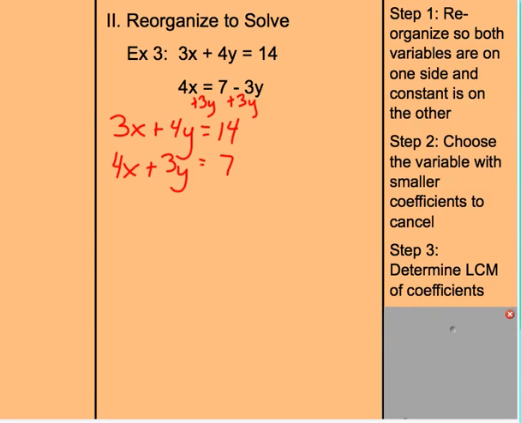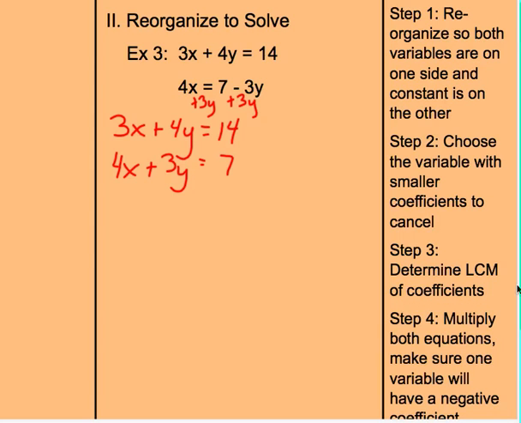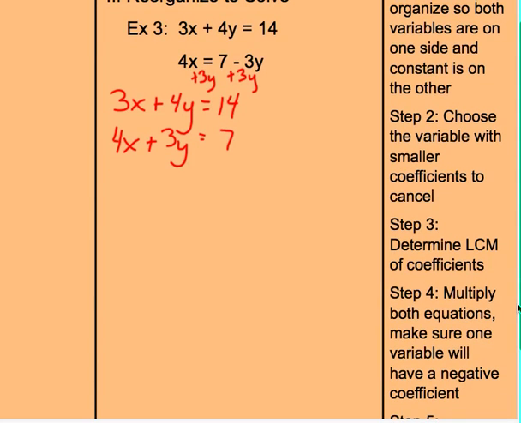We'll determine the least common multiple of 3 and 4 is 12. So when I multiply my equations, I need to make sure one of my y's has a coefficient of positive 12 and the other one has a coefficient of negative 12. So I'm just going to multiply my first equation by, we'll do a negative 3, and my second equation we'll do a positive 4.